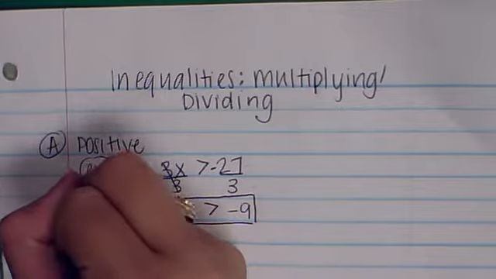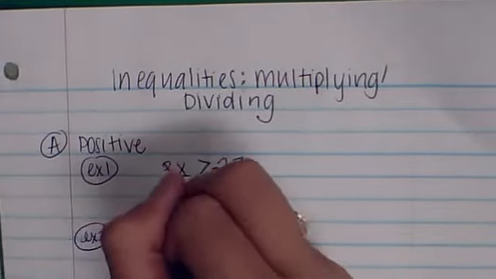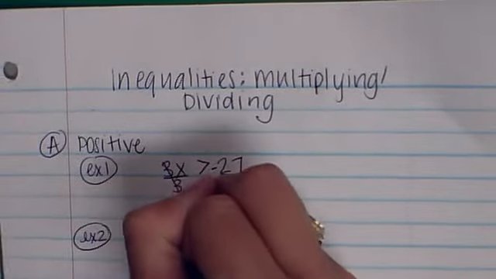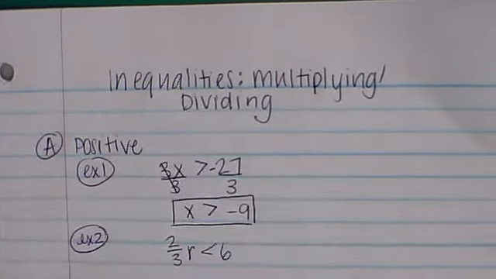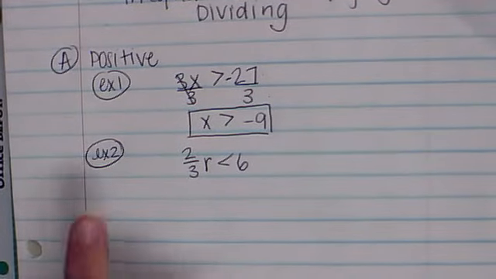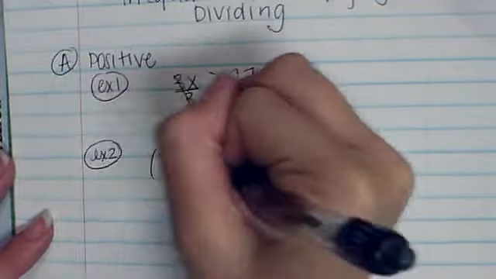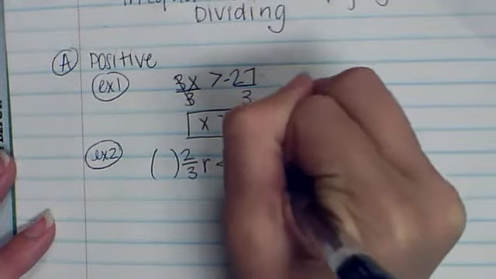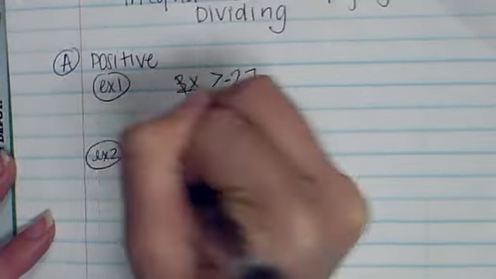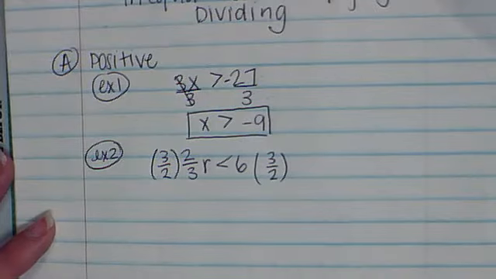Let's do another one. Example 2. 2/3 r is less than 6. Okay, r is being multiplied by a fraction. When we multiply by a fraction, remember the inverse is to multiply by its reciprocal. So I'm going to flip that fraction so that it's 3/2. I'm going to do that to both sides of my equation because what I do to one side, I do to the other.